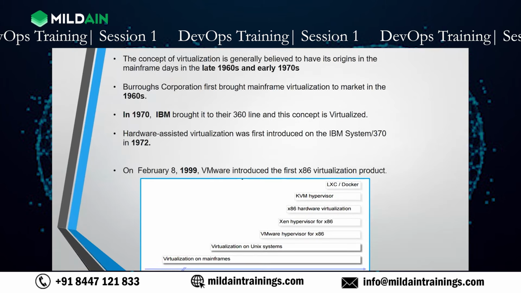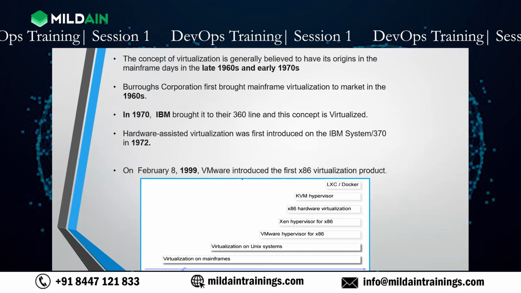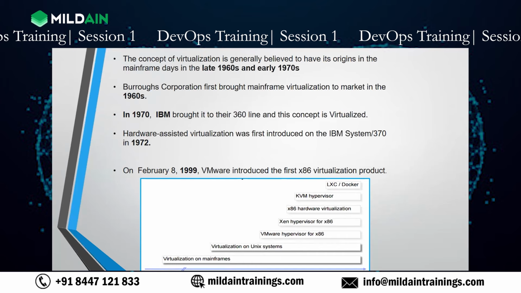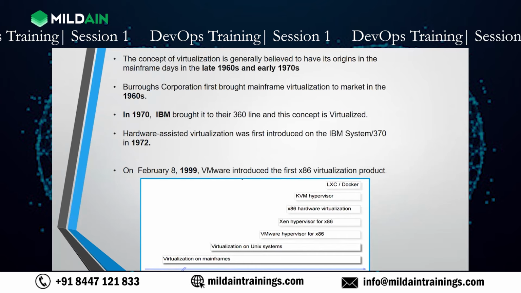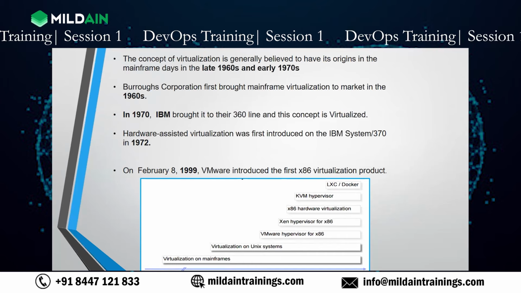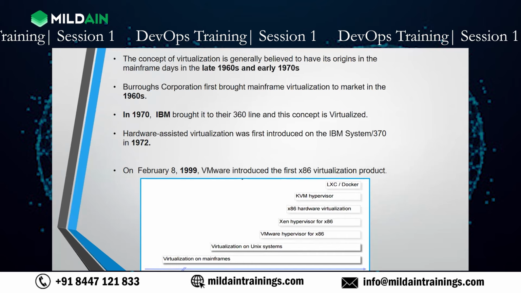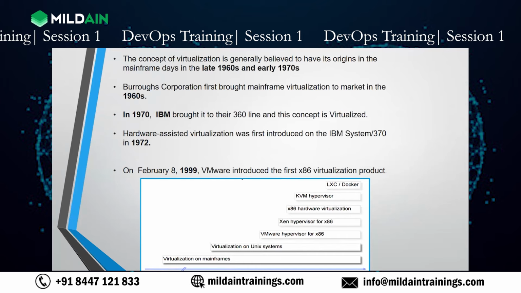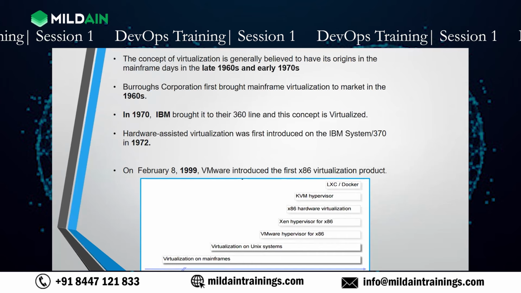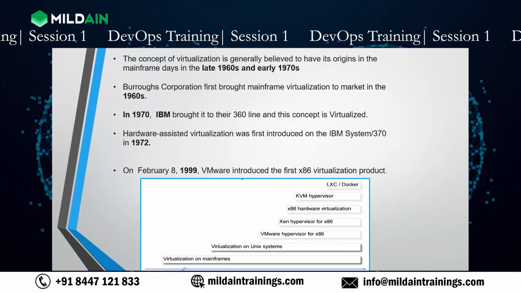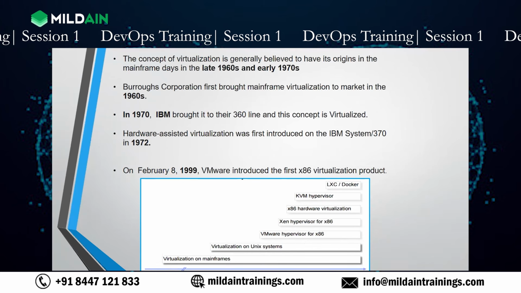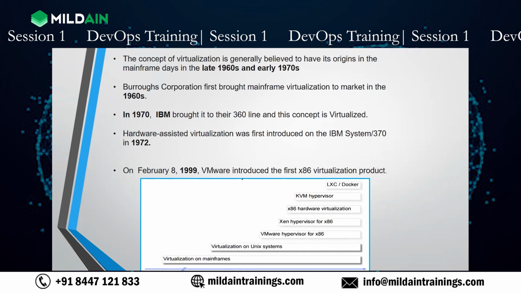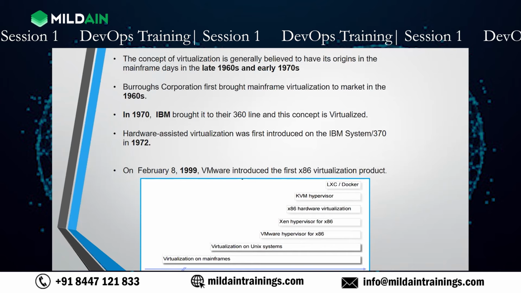In 1999, VMware was the first to introduce an x86 virtualization product. If you see the history, virtualization of mainframes was between the 1960s and 1980, then virtualization of Unix systems between the 1980s and 1990, and VMware hypervisors for x86 came in 1999.